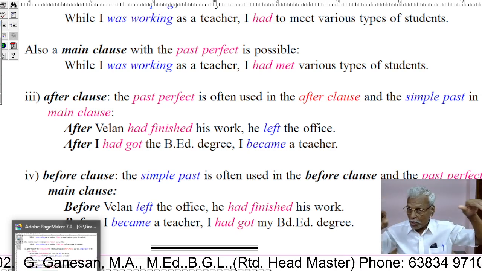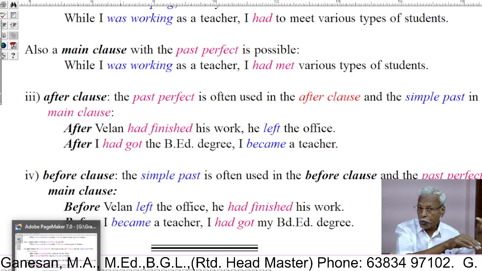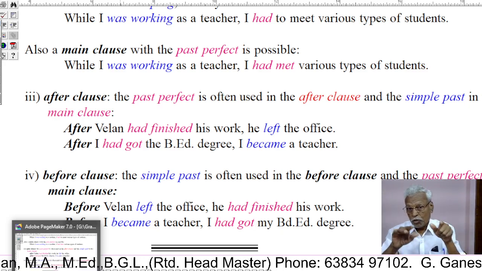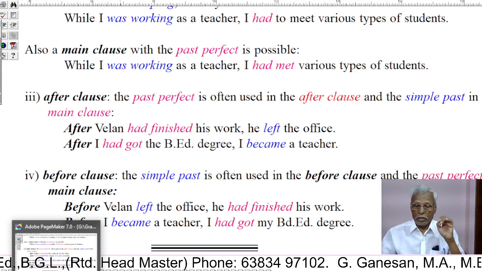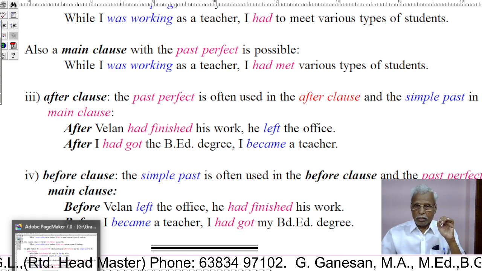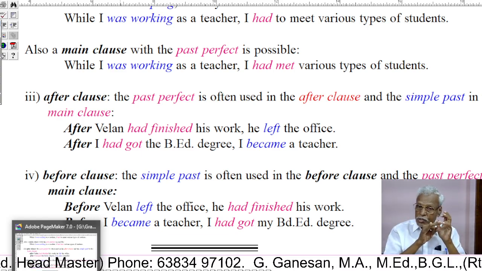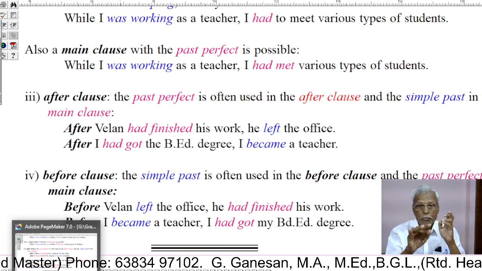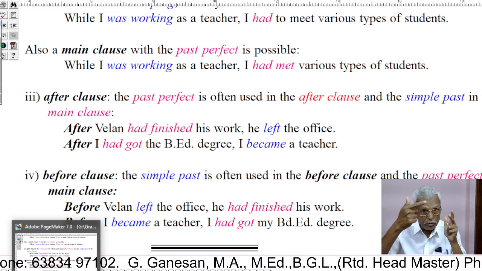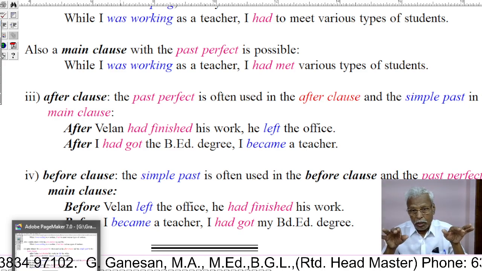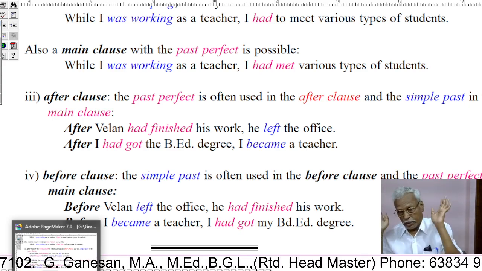When the two actions happened in the past, the first action should be expressed using the past perfect, and the second action using the simple past. In the when clause and before clause, the simple past should be used, and the action that happened first should be expressed in the past perfect.